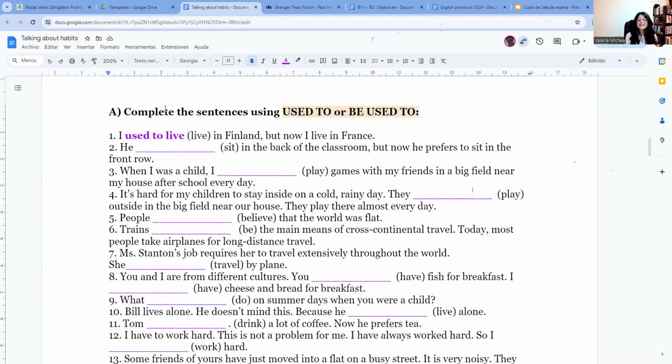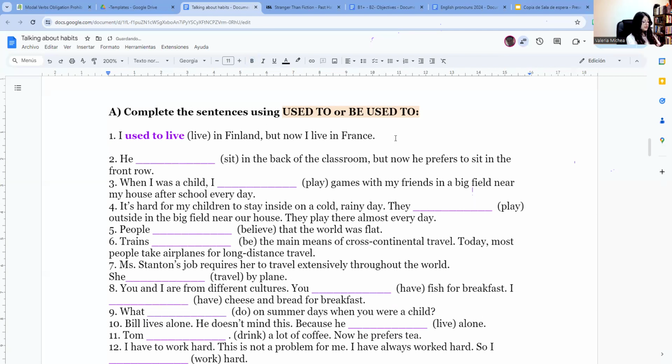Yeah, for example, I could say in the beginning, I missed Finland, but I got used to living in France with time. Okay. Let me write it in case you didn't get what I said. At first, I missed Finland so much, but I got used to living in France with time.